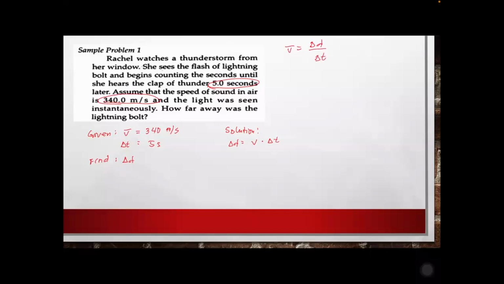Since we are solving for the distance, we just multiply. So delta d is equal to the velocity times the time, which is 340 times 5. So what is your delta d, or distance? What is 340 times 5? Let me get the calculator.